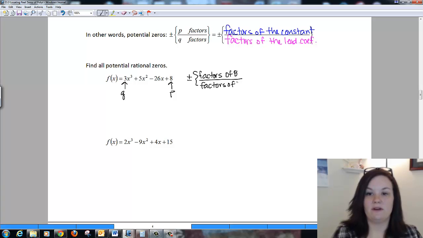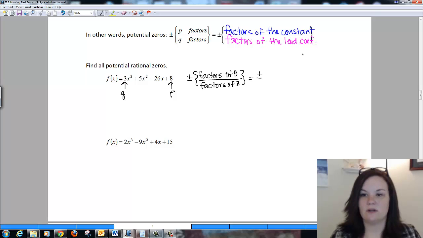So that would be the factors of 3. So I'm just going to write this out. Plus or minus everything that goes into 8. 1 goes into 8, 2 goes into 8, 4 goes into 8, and 8 goes into 8. On the bottom, all the factors of 3.